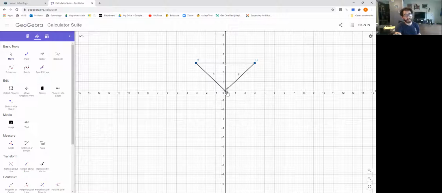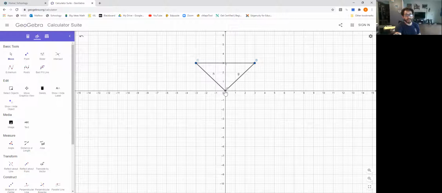Now, you have a couple ways of doing this, Munchkins. You can do the distance formula, which I will do for you to refresh your memory. Or in this case, you can think of it as going up 3 over 3, or down 3, right 3.